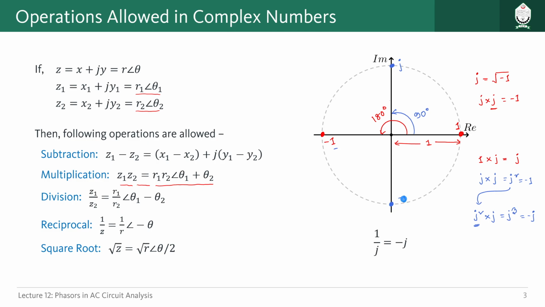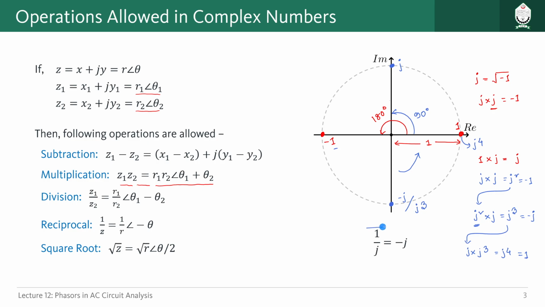So this is minus j or j cube. And after that, if we again multiply it with another j, j multiplied with j cube, that is equal to j to the power 4, and that is in fact 1. So j to the power 4 is equal to 1. In this way, as we multiply with j, we go 90 degrees in the counterclockwise direction.